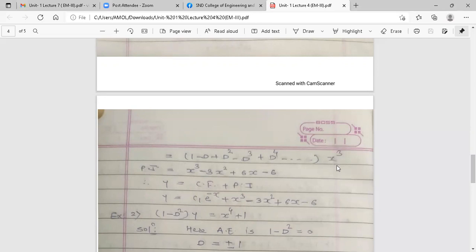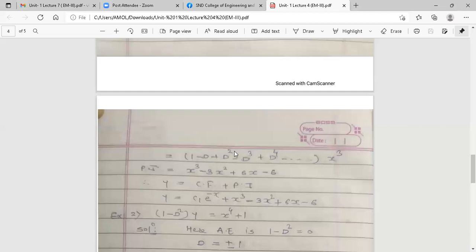And so you count the terms of D up to D cube only. The degree of this polynomial is 3, so you count the terms of D up to D cube only. And now you solve this bracket term for this x cube. This is x cube into 1, so x cube, minus D. D means derivative; capital D always means d by dx.